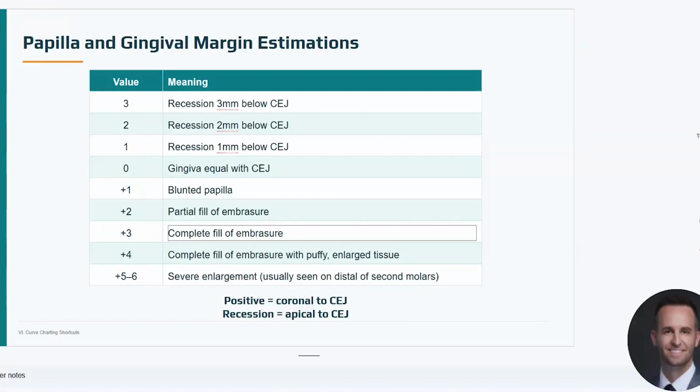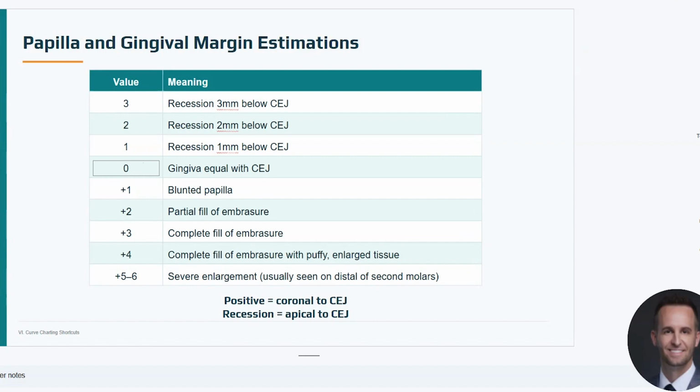However, if that papilla on the tooth next to it actually sits a little bit lower than this one, then you're going to want to make it a +2 so that it shows the relative difference. And Curve will then start mapping it out as a line, and it will follow that relative difference, and it will kind of go across and then down and then back up as you make these relative differences.